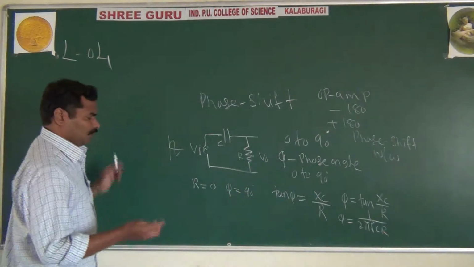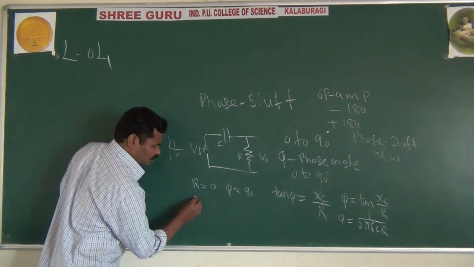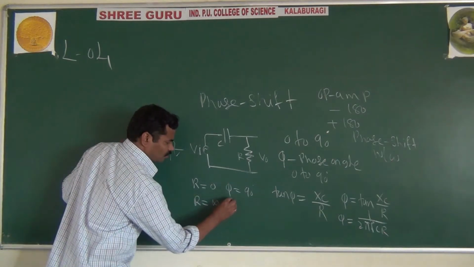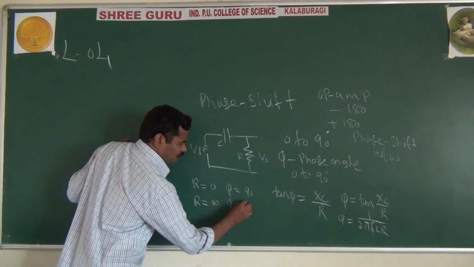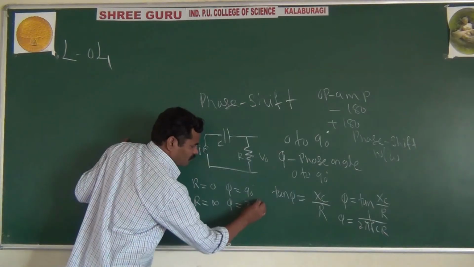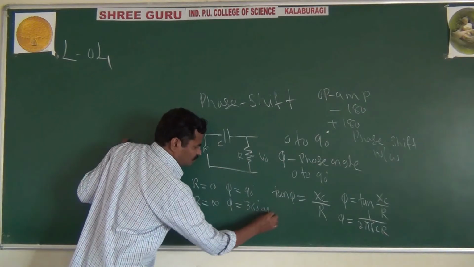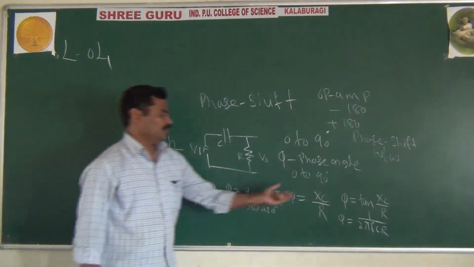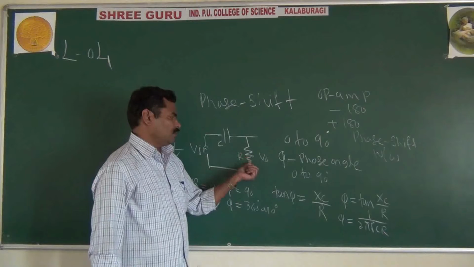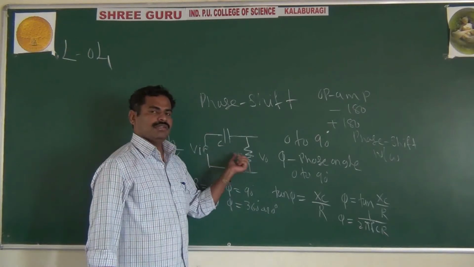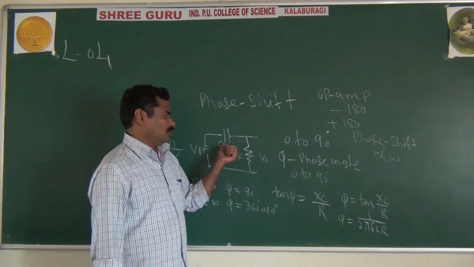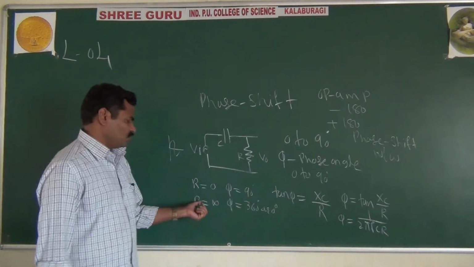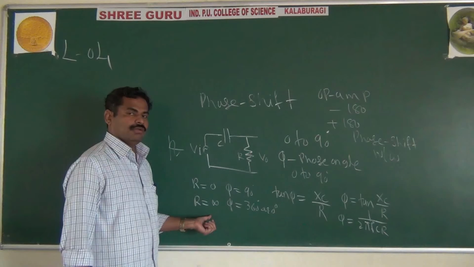And if we take R equal to infinity, then we may get phi equal to 360 degrees or 0 degrees. It means the phase angle depends upon the value of capacitor and resistance. And it is also not possible to take an infinite R value.